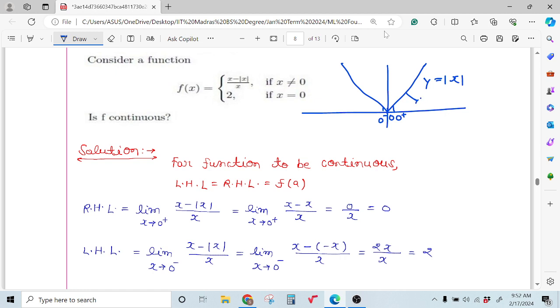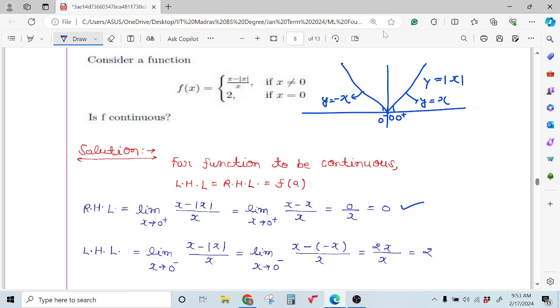This is the function y is equal to x, and this is the equation y is equal to minus x. So the overall function is y is equal to mod x. This line belongs to y is equal to x, and this line belongs to y is equal to minus x. At 0 plus, the line is y is equal to x. So in place of mod x, we substitute x, giving x minus x by x, which is 0 by x. This implies the value of the right hand limit is 0.